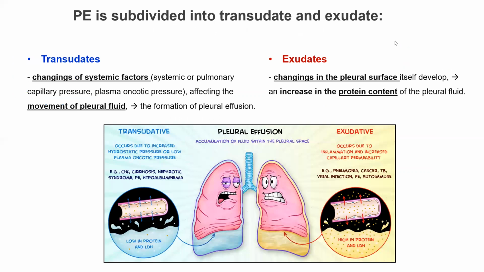Pleural effusion can be subdivided into transudate and exudate. In transudate, there are changes in systemic factors, as for instance, systemic or pulmonary capillary pressure, plasma oncotic pressure, etc. And these factors affect the movement of pleural fluid, and they lead to formation of pleural effusion.